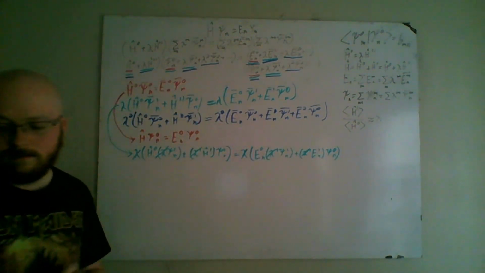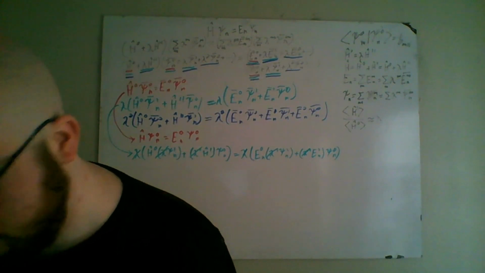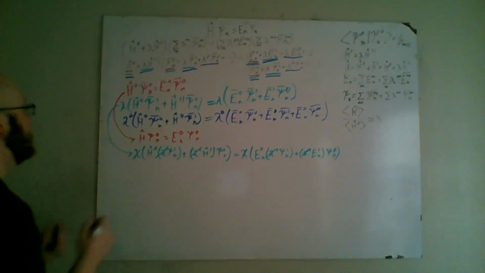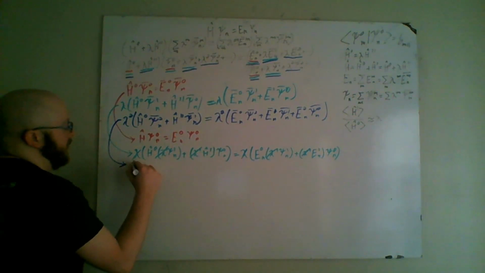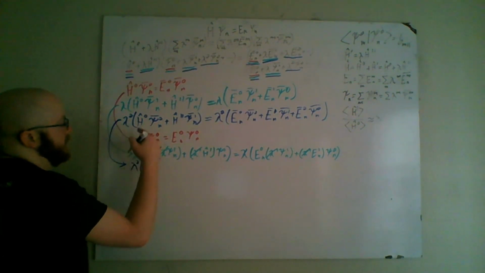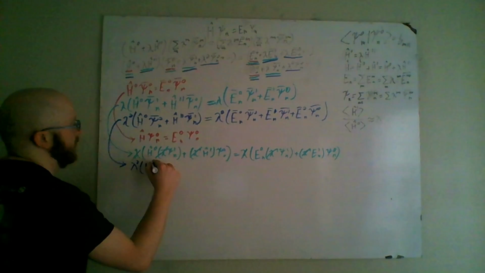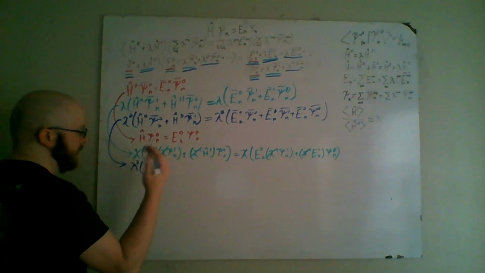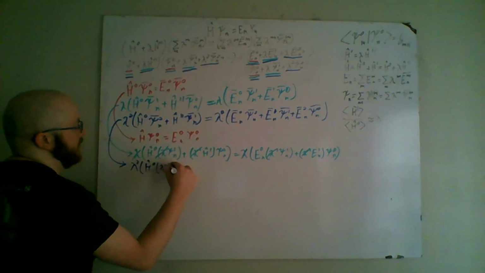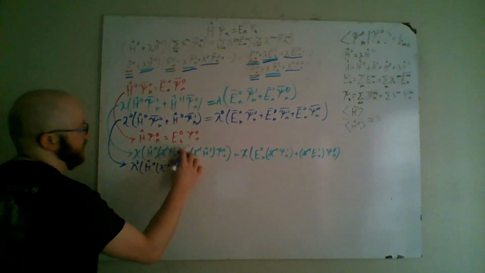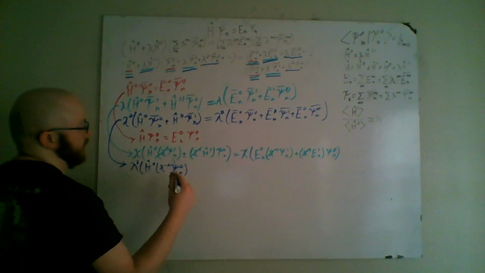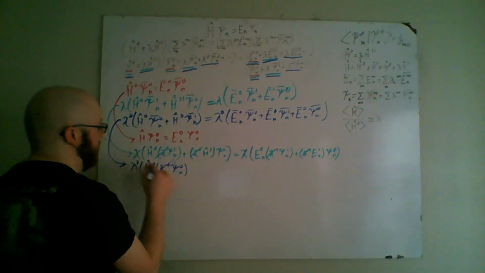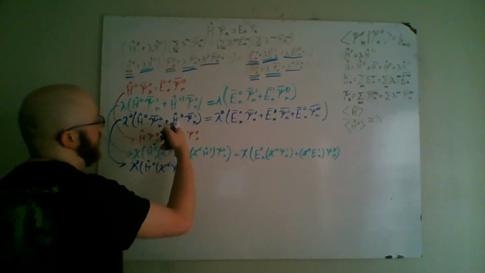Now, you might find this utterly surprising, but the same exact thing happens over here. So we get lambda squared. This doesn't have a lambda. This has lambda negative 2. This is lambda the negative 2, psi 2n. Cancel, and it'll cancel in this term too.